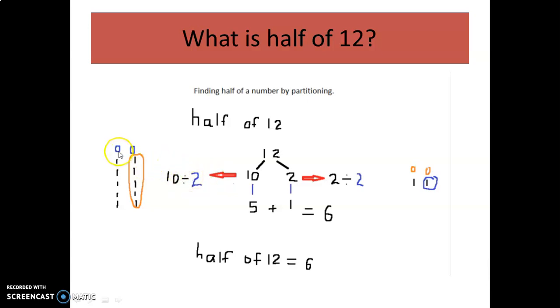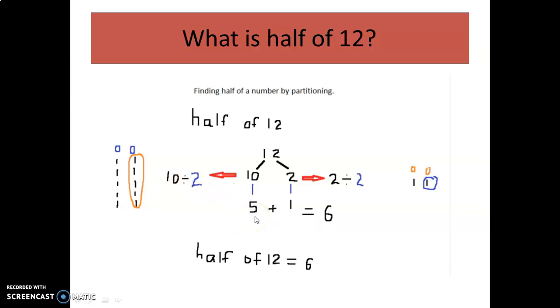It means you will draw 2 balls and then you share by counting up to 10: 1, 2, 3, 4, 5, 6, 7, 8, 9, 10. Then you circle one side of the balls and count. How many do you have? 1, 2, 3, 4, 5. Which means 10 divided by 2 is 5. Half of 10 is 5, okay?